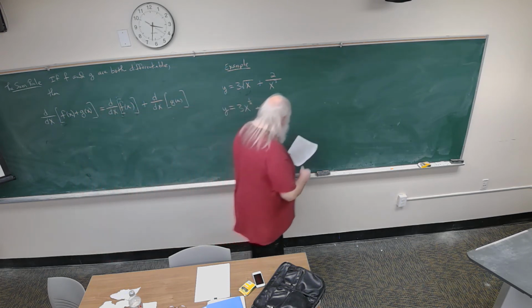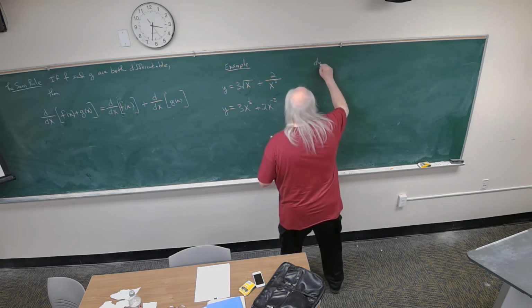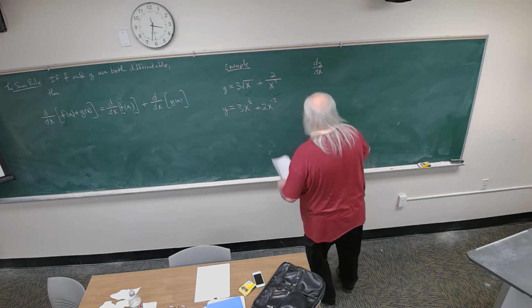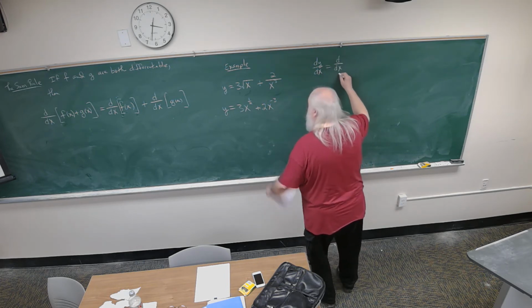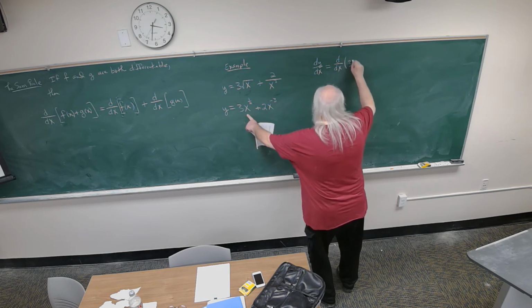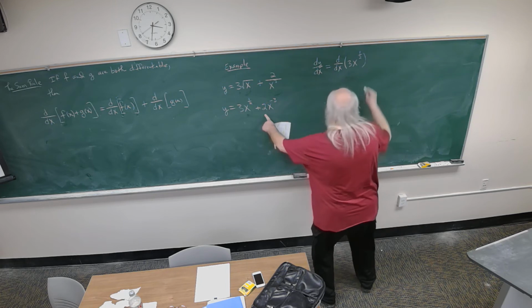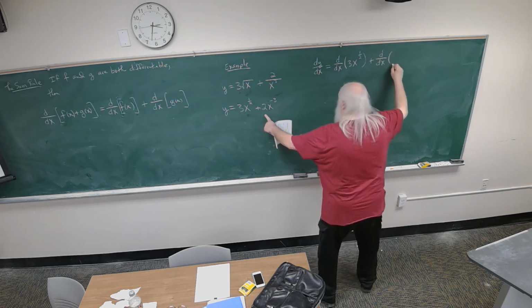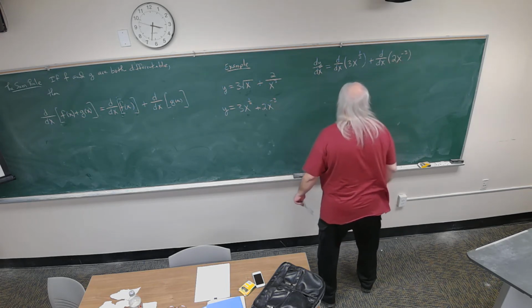Now we can differentiate. The derivative of y with respect to x is equal to the derivative of 3 times x to the 1/2 power with respect to x plus the derivative of 2 times x to the -3 power with respect to x.